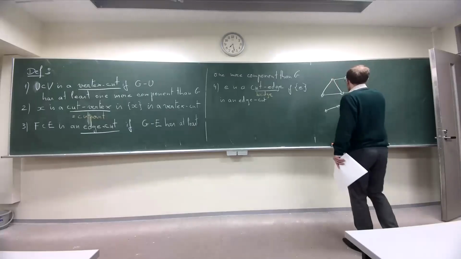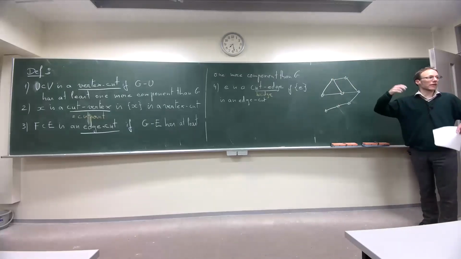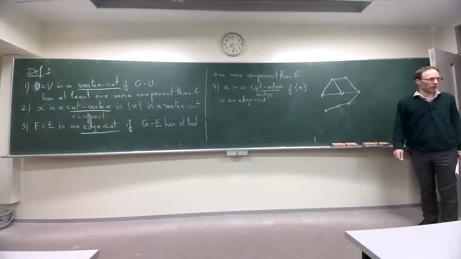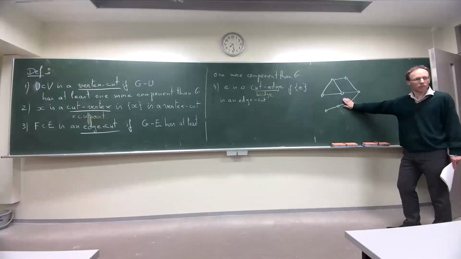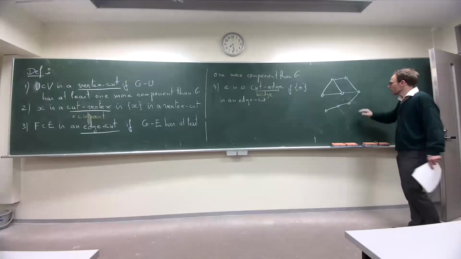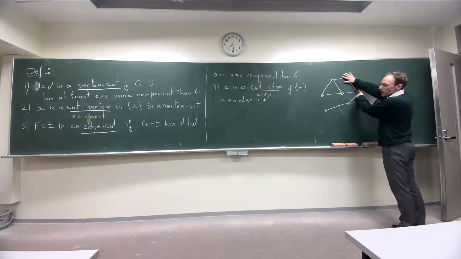This is one component, and I want to make it more than one component. So for example, if I remove this, now you have two components. So this is called a cut vertex. Or if I remove these two, it's also made of more than one component. So this is a vertex cut.